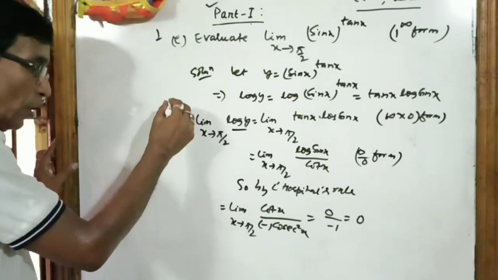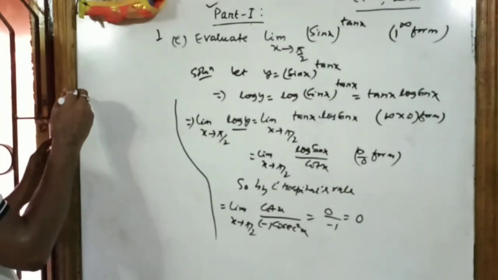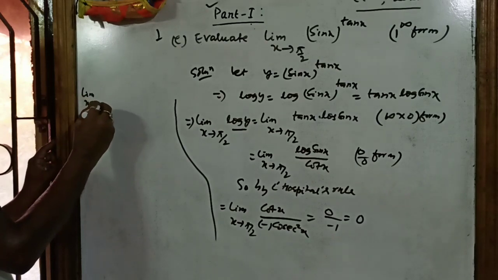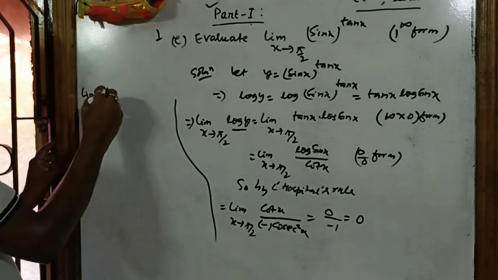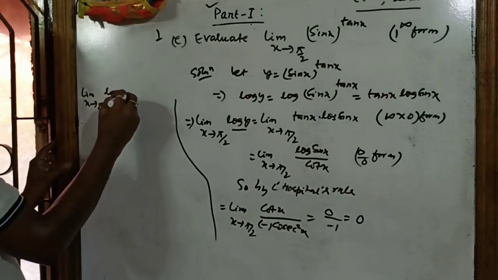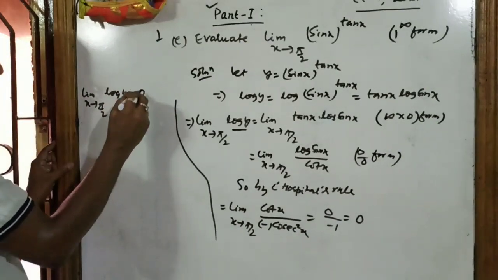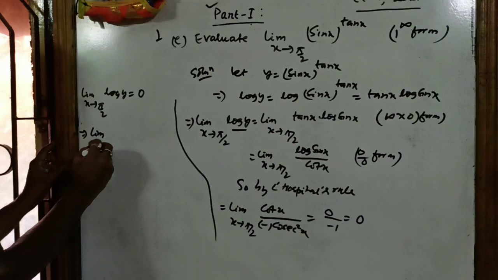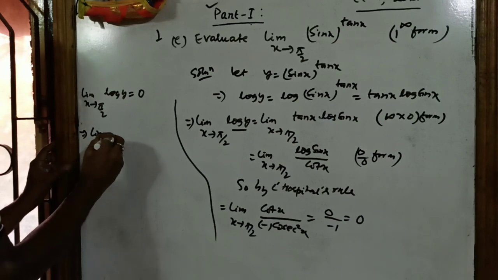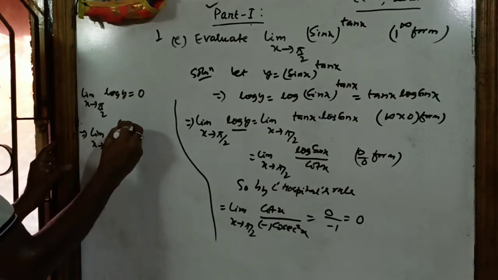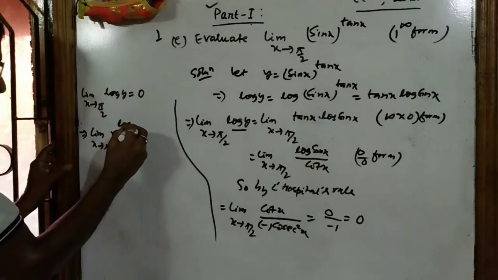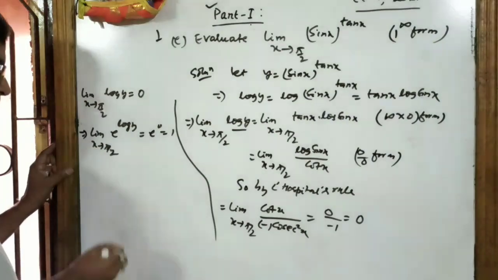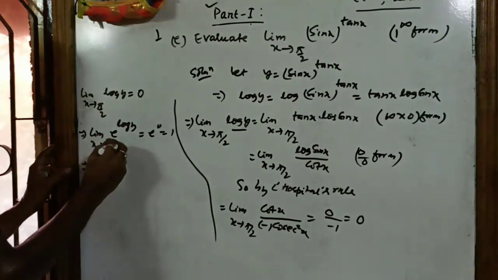So we are getting that the limit x tends to pi by 2 of log y is 0. That implies that the limit when x tends to pi by 2, e to the power log y, will tend to e to the power 0, which is 1. We know that e to the power log y is equal to y.